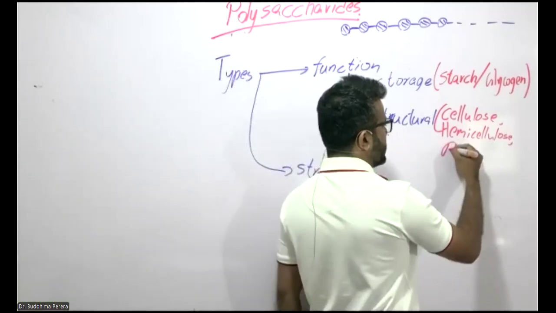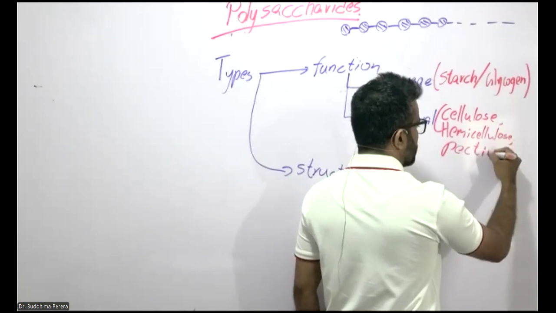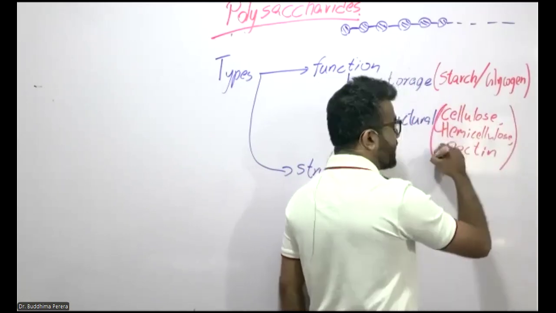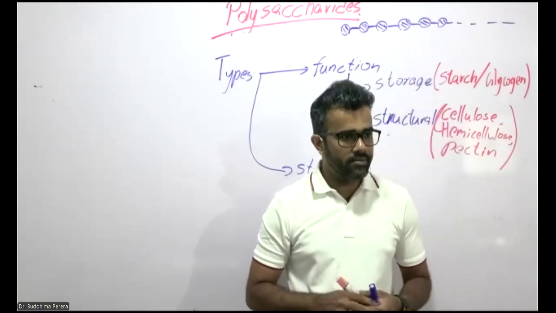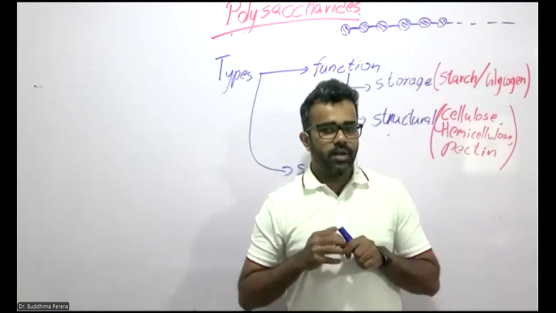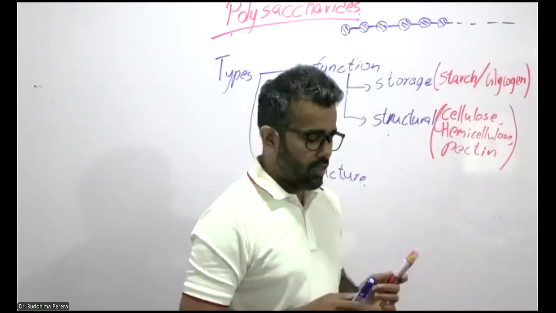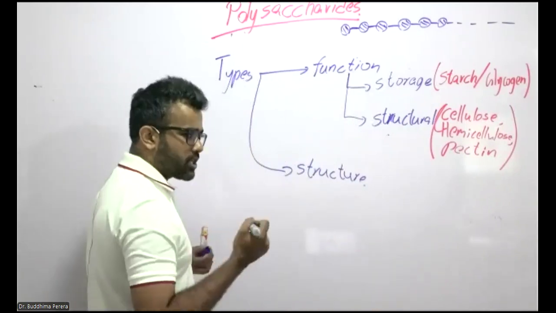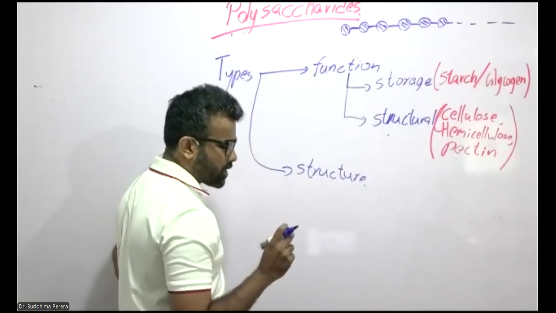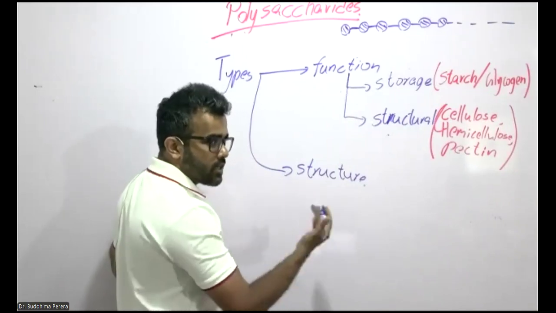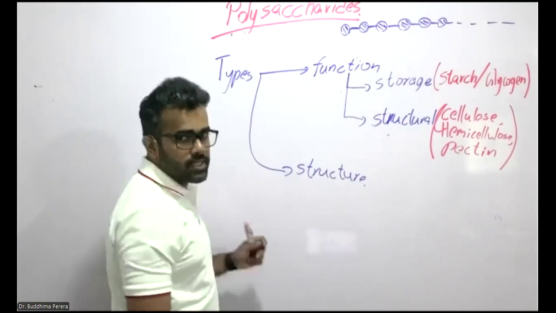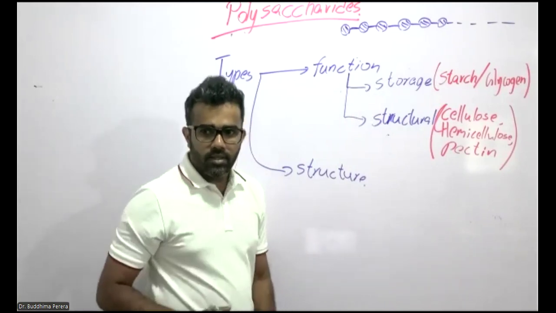Where do you find pectin? Pectin is in the middle lamella. Do you know what the middle lamella is? It's not actually a structure. It's an area where two adjacent plant cells are held together.